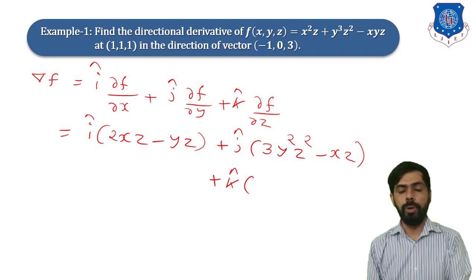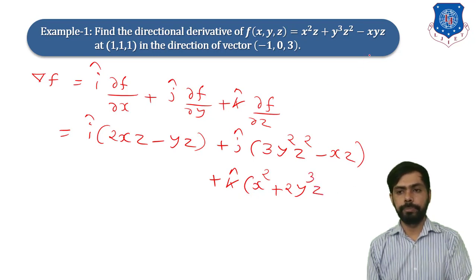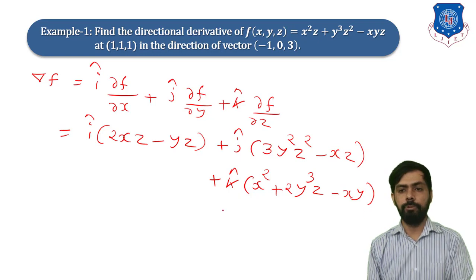Now x and y will be constant, so the derivative of the first term will be x square. Plus, the second term is y cube z square, so the derivative of z square is 2z, so this will be 2y cube z. Minus xy will be as it is, because the derivative of z with respect to z is 1. So this will be del f by del z.